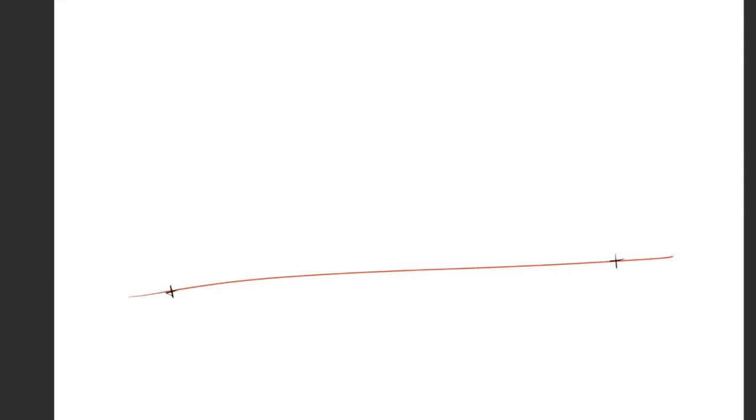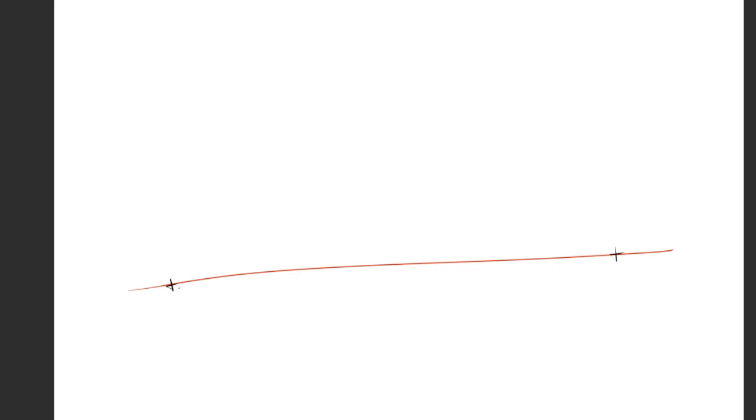For an example, this is the horizon line, so let's color it red. This is the horizon line, and you have set up two vanishing points here. If you draw a square, your square might look like this, here, here, like that.